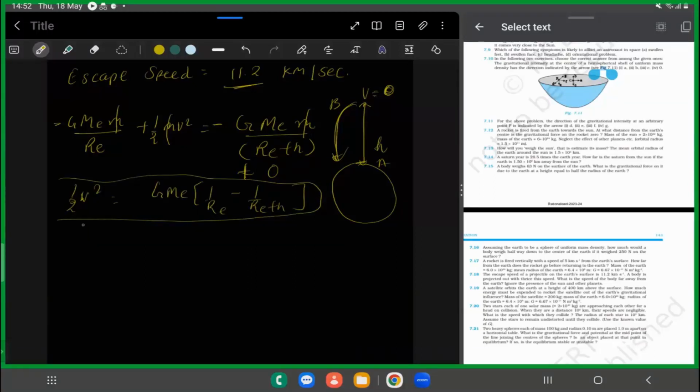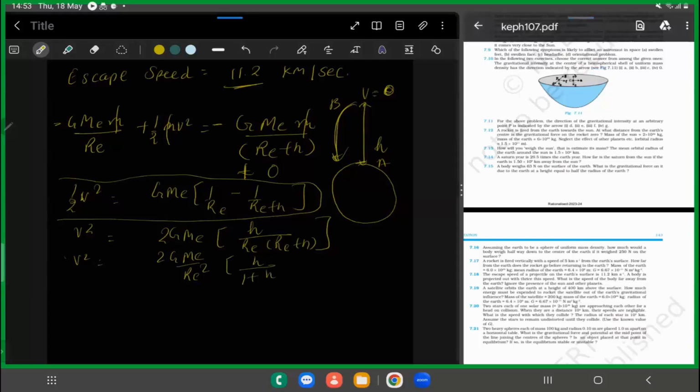So we can simplify this as v squared equals twice G Me h upon Re into (Re plus h). This is our final expression, and if we take Re common from this bracket, v squared equals twice G Me by Re squared into h upon (1 plus h by Re).